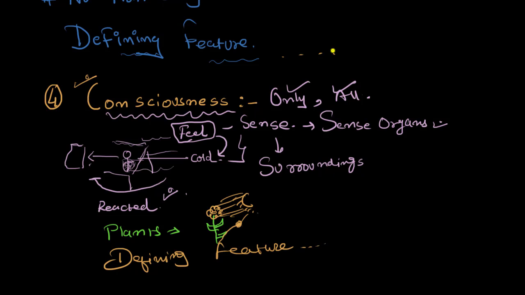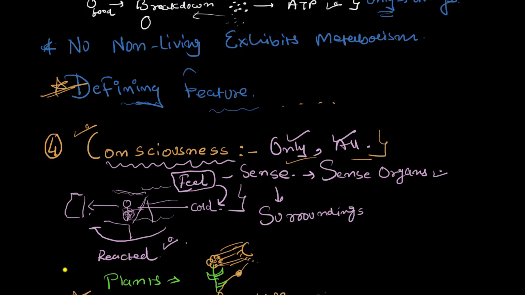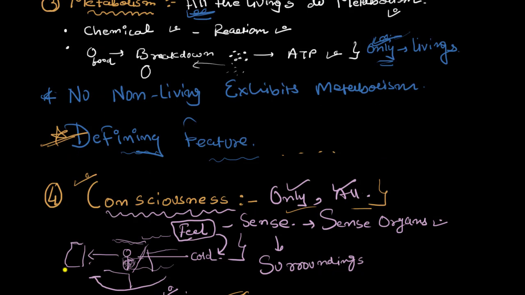In the last lecture, we talked about growth and reproduction, which are only characteristics to differentiate between these two, because both of them have only one of these. But what we studied today, metabolism and consciousness, are both defining properties. Why? Because only living beings, and all living beings, can do that. So I hope you got the difference between living and non-living.